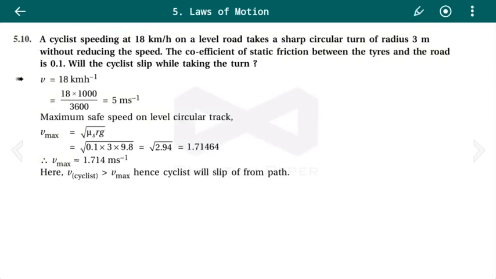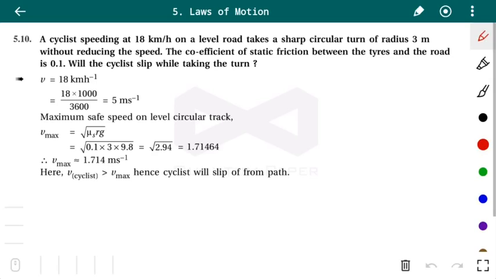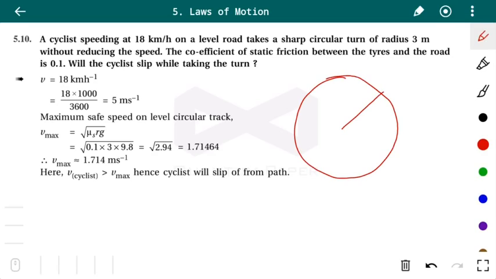Now let us solve the 10th illustration. A cyclist speeding at 18 km per hour on a level road takes a sharp circular turn of radius 3 meter. That means the cyclist is moving in a circular path and its radius equals 3 meter.